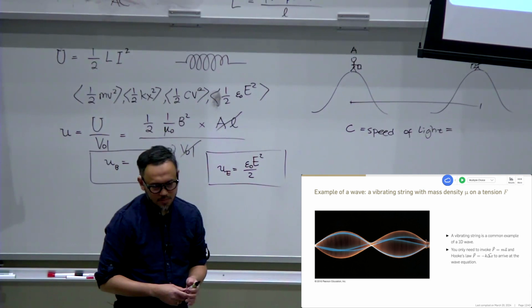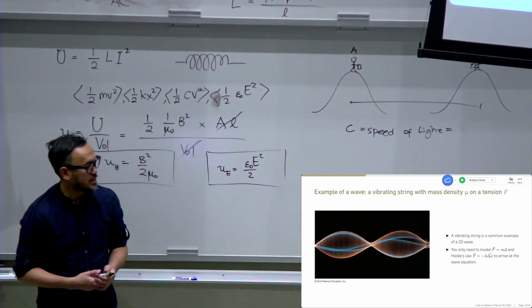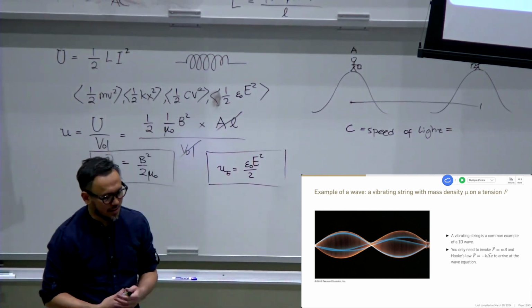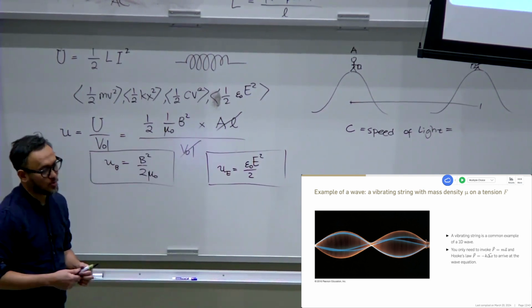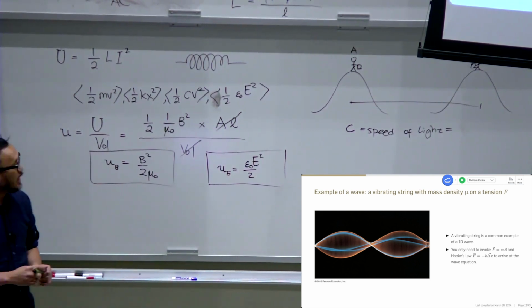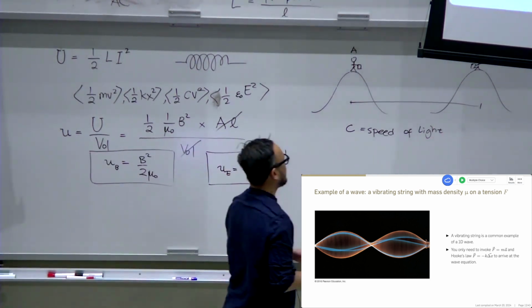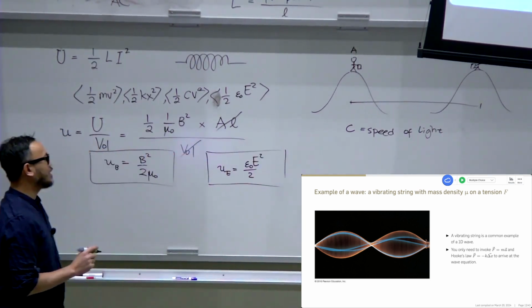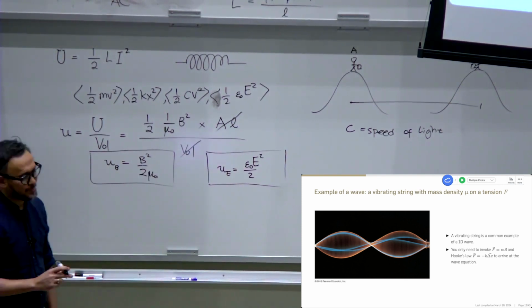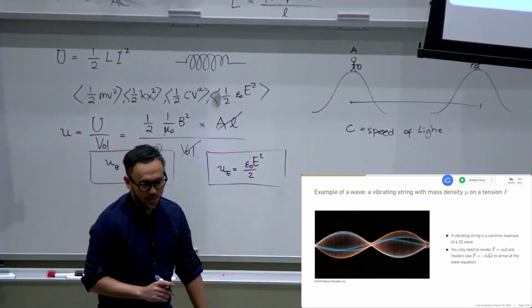Okay. But the first person who, I think Holden's guess was really good. The first person that not measure but calculate the speed of light to be exactly correct is Maxwell. Okay, so Maxwell.